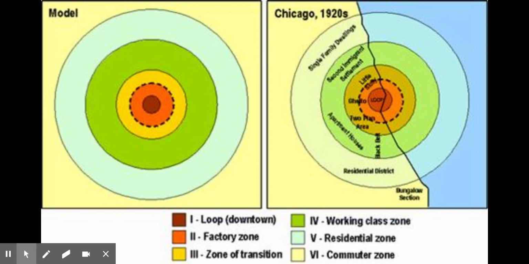So Chicago, of course, because it's on a lake, is cut in half. You have the CBD right in the middle. And actually Chicago fits this model pretty well. I think this model, as well as the next one, is actually based around Chicago, so we see a lot of it following the model pretty closely.